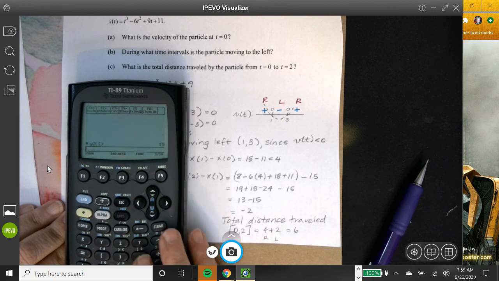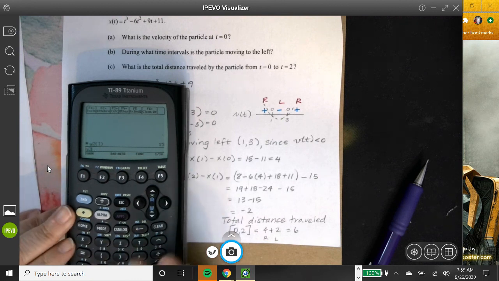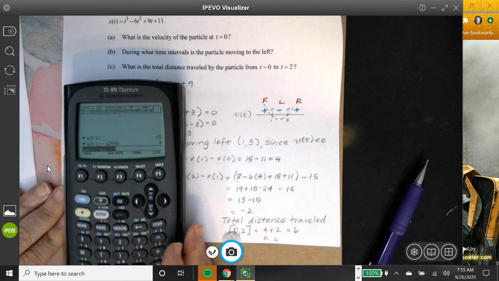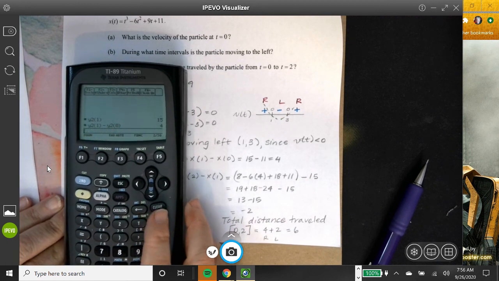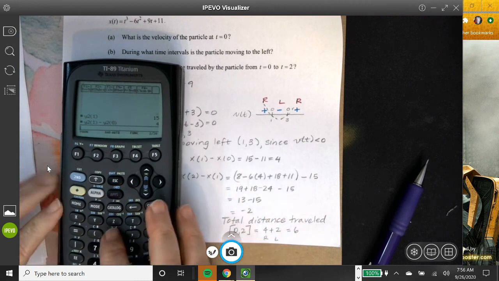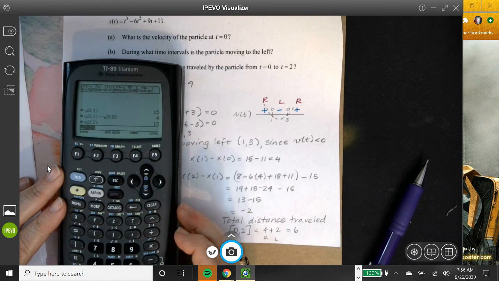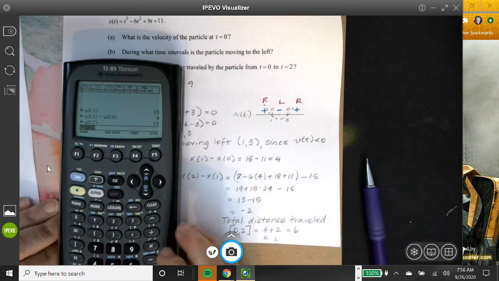Okay, and I'm going to do this all at once. y2 of 1 minus y2 of 0, which is 4, right? So I did do my math right. Okay, and now I'm going to find out what y2 of 2 is. Yay, it's 13.